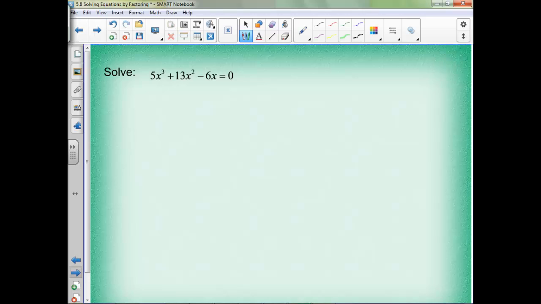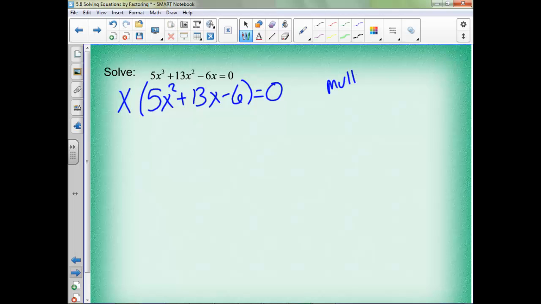Alright, now this one looks a little more complicated, but let's start by just factoring it and seeing what we can do. Notice they have a common factor of x, so let's factor that out. And now let's see if we can find two numbers that multiply to negative 30 and add to 13.